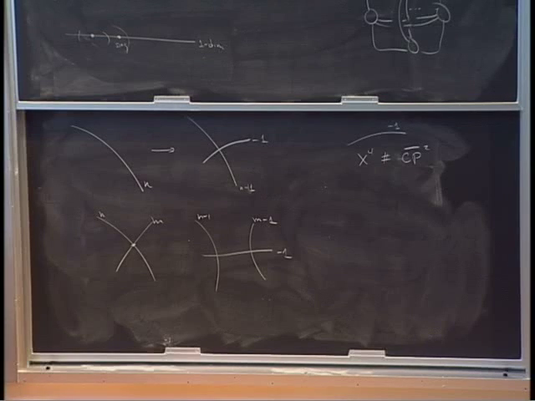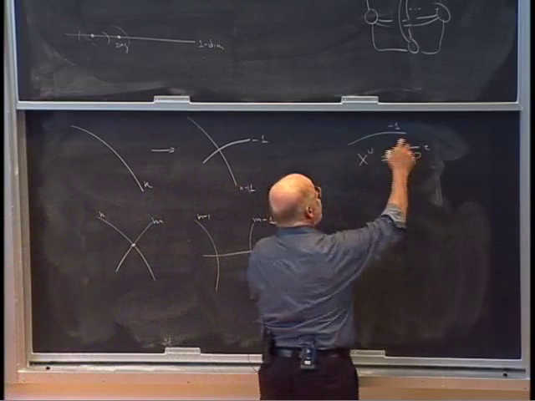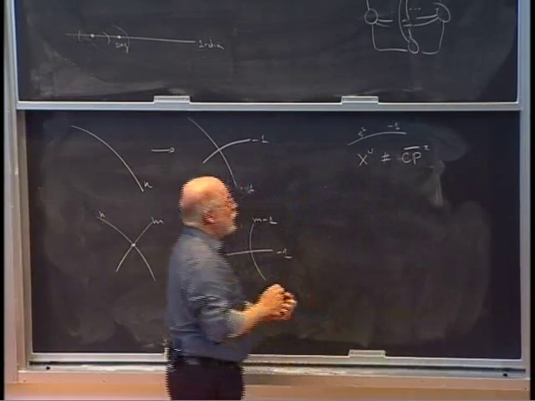A point has CP1 worth of complex lines. And what you're doing is you're taking out that point and you compactify each complex line separately. So each one of those lines needs to get a new point. Well, there was CP1 worth of these lines, so you're going to add a CP1, one point for each complex line. So that's that curve. That's the CP1 that you added. This is a two-sphere, CP1.